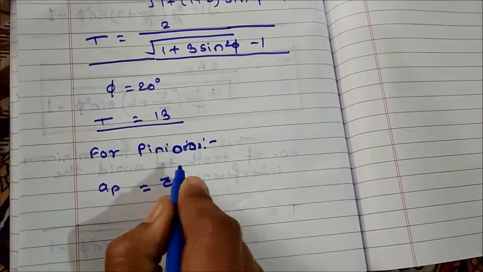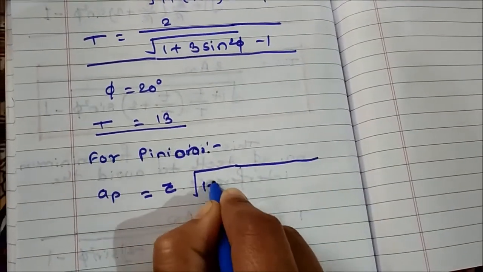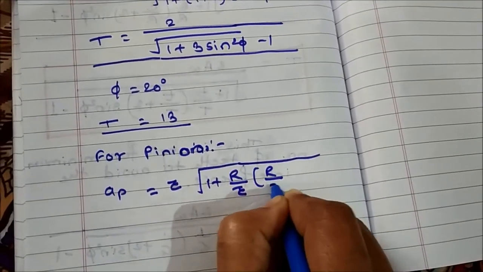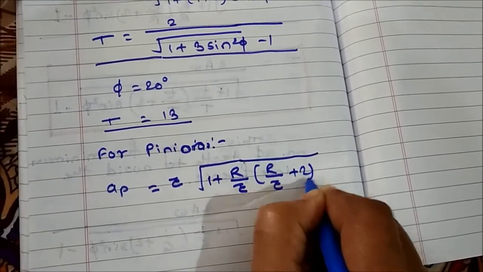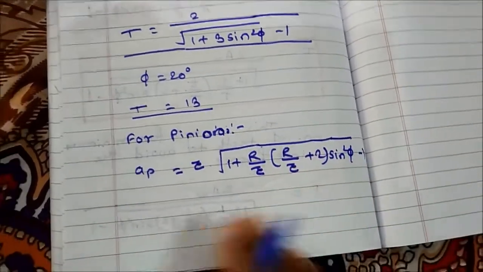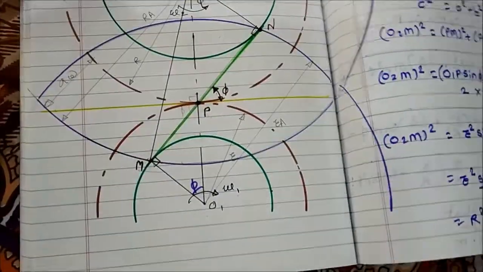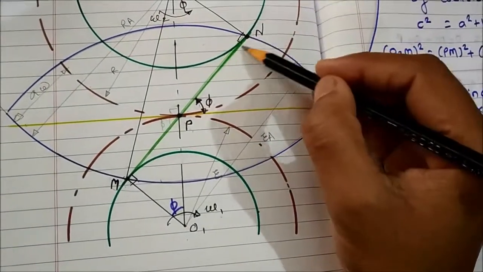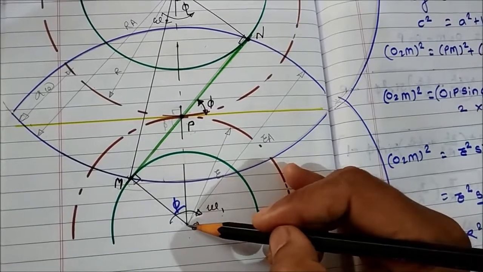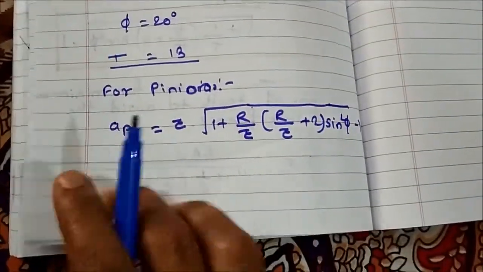Small r under root of 1 plus capital R by small r, capital R by small r plus 2 sine square phi, remaining equation as it is, minus 1. We are able to prove this equation using this construction. That is, when we join this N to O1 and consider the triangle O1PN, we get this equation.